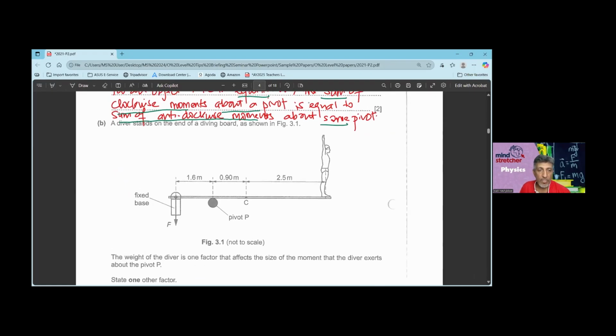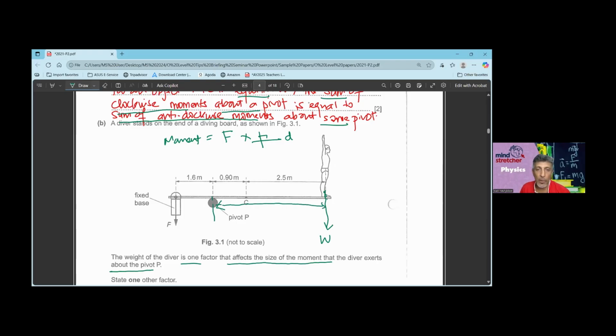Okay, they say the weight of the diver is one factor that affects the size of the moment. Guys, remember what is moment? Moment is force times perpendicular distance. So if they say that the weight of the diver is one factor that affects the size of the moment of the diver exerts about the pivot. So here's the pivot. So what is the other thing?